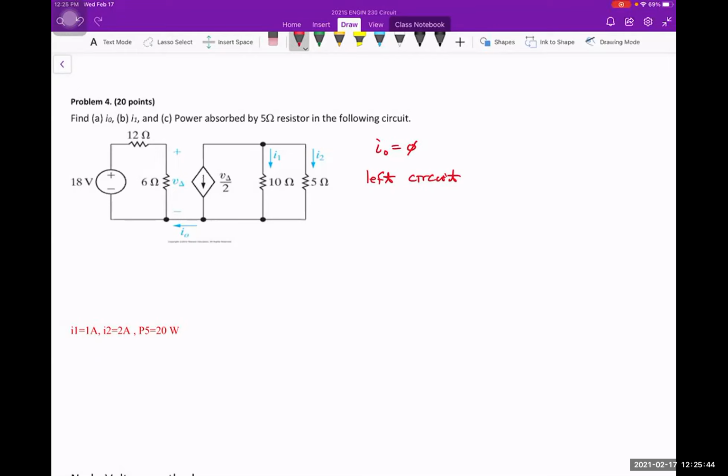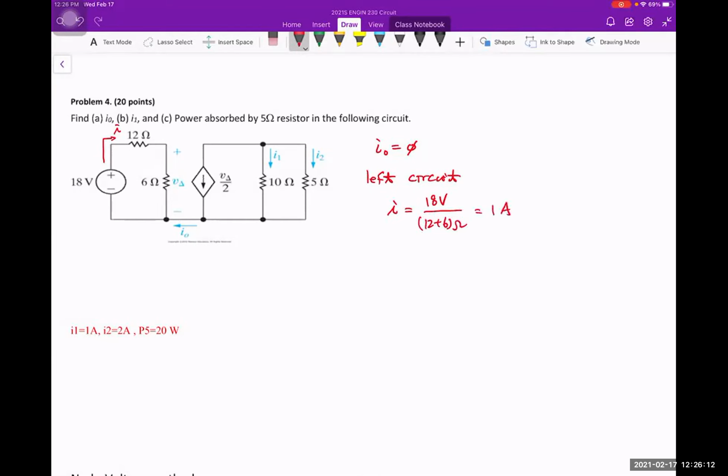The left-hand side is a simple circuit. You have an 18 volt source and a total resistance of 12 plus 6, right? So I can say I have a current going here, and this current is equal to 18 volt divided by 12 plus 6 ohm, and that gives you 1 amp.